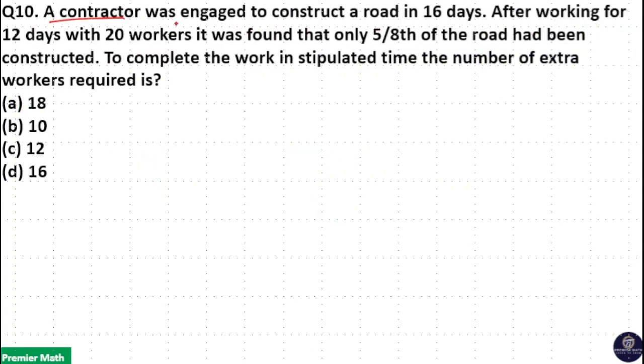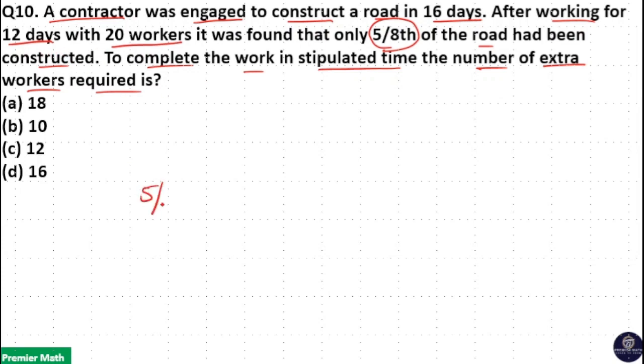A contractor was engaged to construct a road in 16 days. After working for 12 days with 20 workers, it was found that only 5/8 of the road had been constructed. To complete the work in stipulated time, the number of extra workers required is, here only 5/8 of the road has been constructed in 12 days.